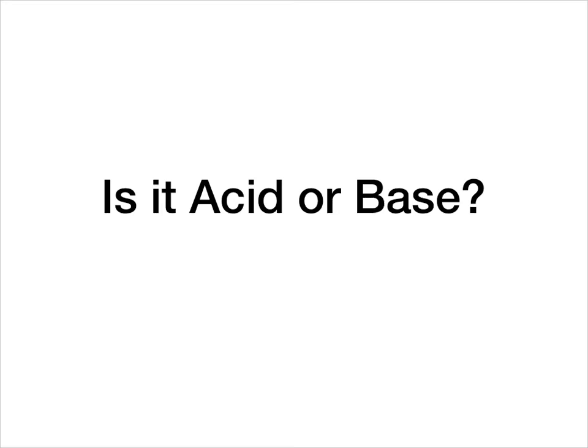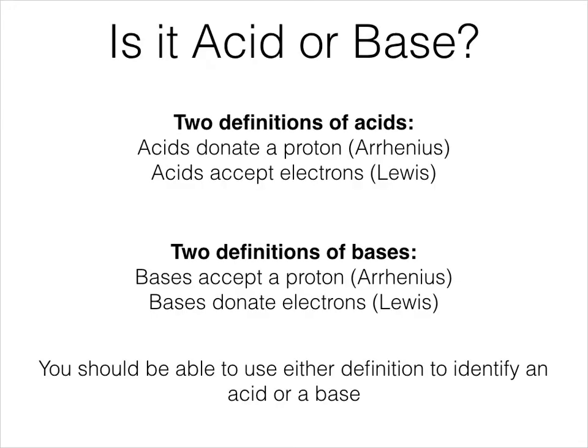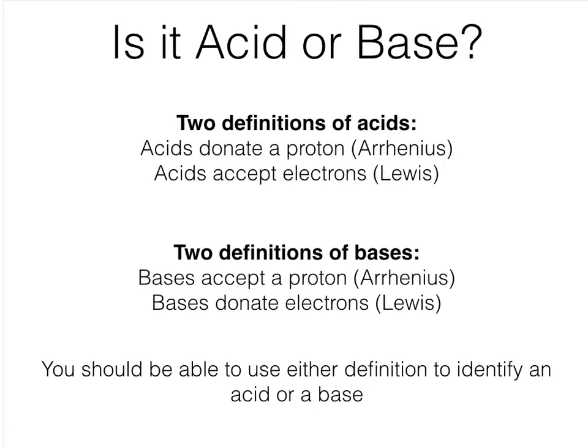Hello. Today we are going to be talking about our first installment in chapter 16, identifying if something is an acid or a base. Turns out that there are several definitions of acids and bases. One definition is the Arrhenius, which is that acids donate a proton.